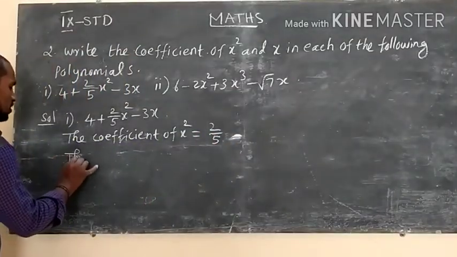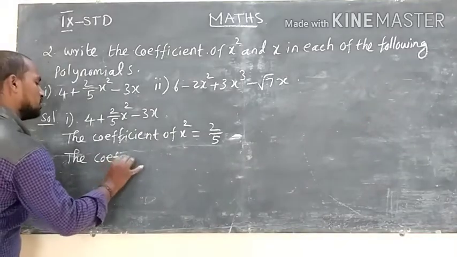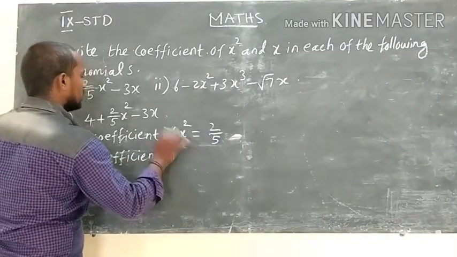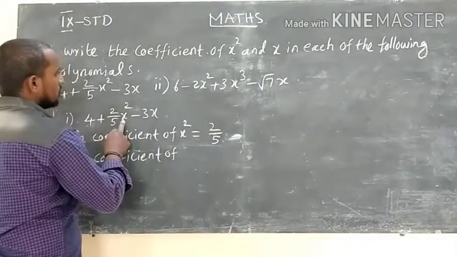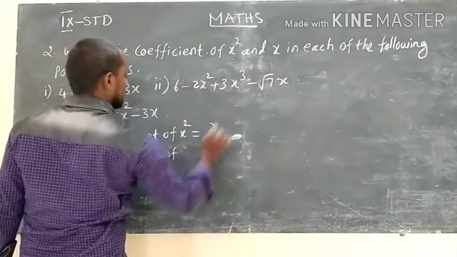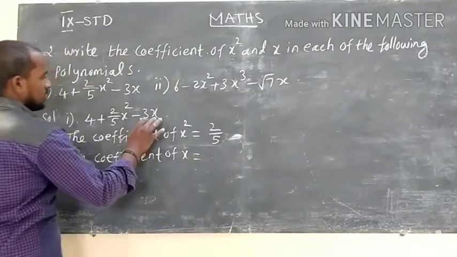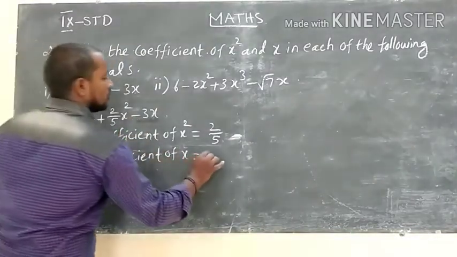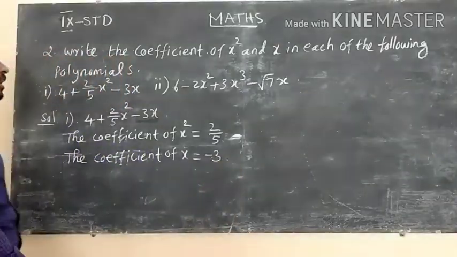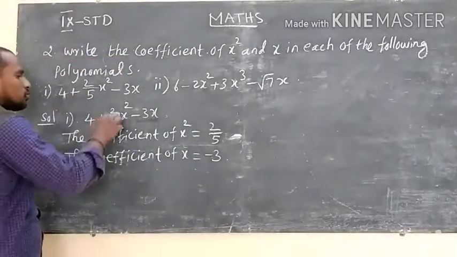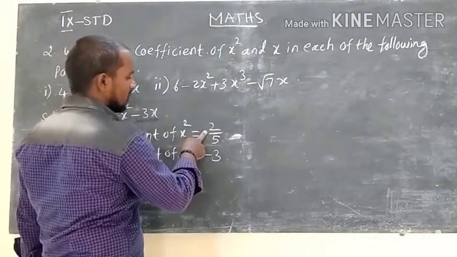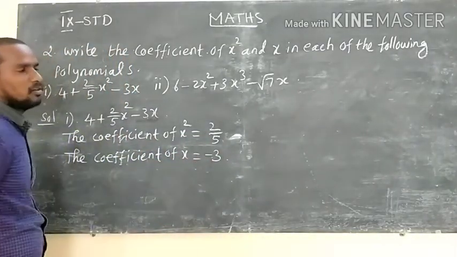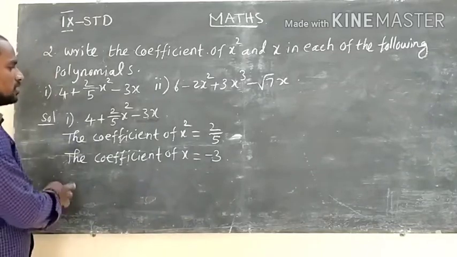Then for the coefficient of x, only consider x. This is the x. So the coefficient of x is minus 3. Okay, you want to write it with the sign. This is plus 2 by 5, there is no need to write plus. But here the coefficient of x is minus 3, so minus 3 you want to write. Okay, that's all the first question answer.